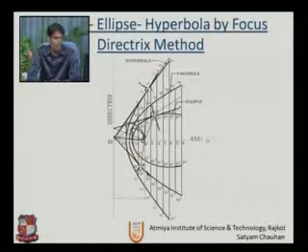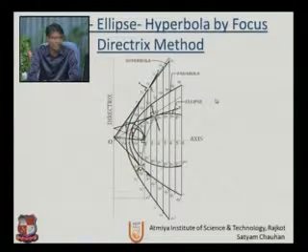Next on our point, the problem as we discussed in ellipse and parabola, we can create hyperbola by the directrix focus method. As we can see, here is our problem, focus and directrix method.